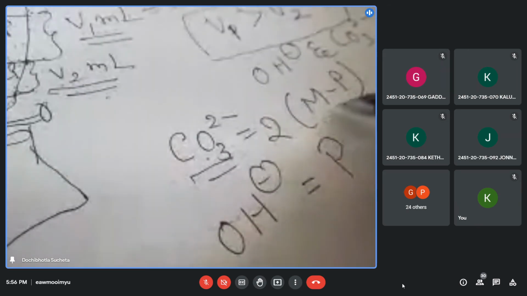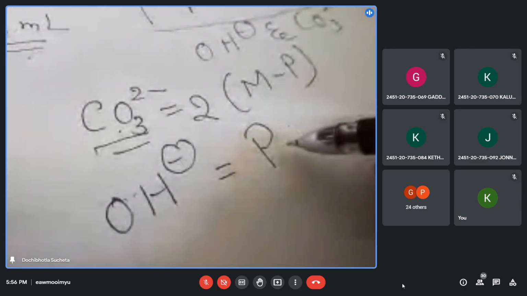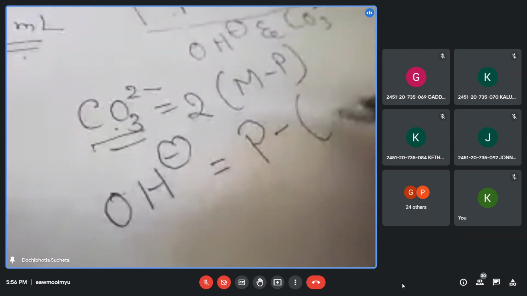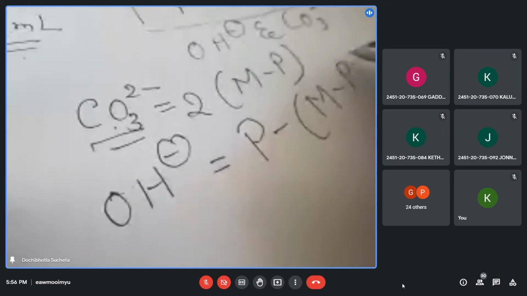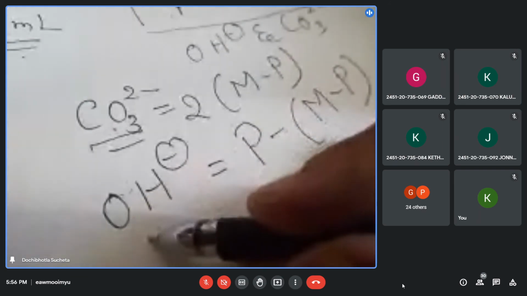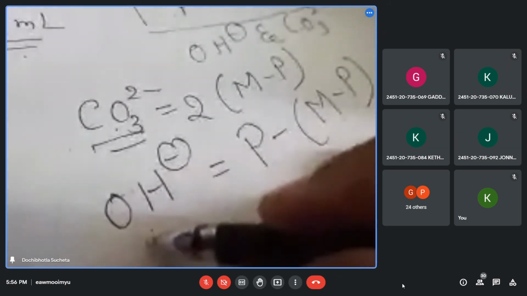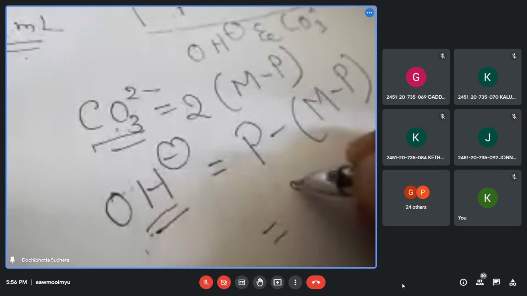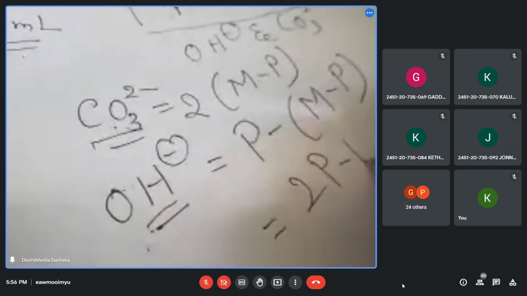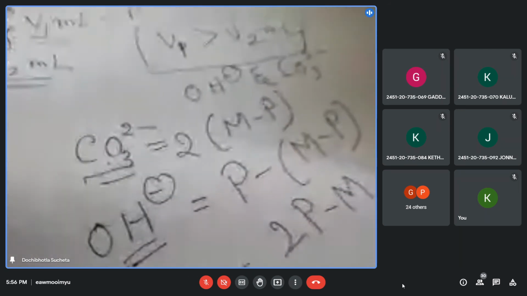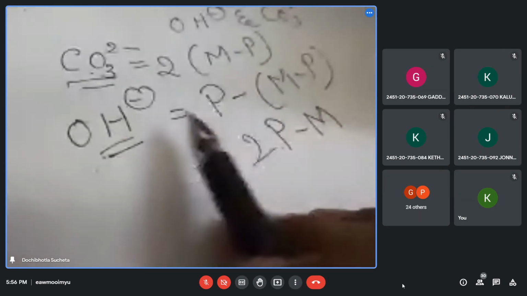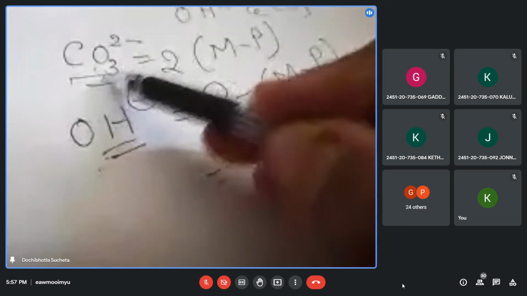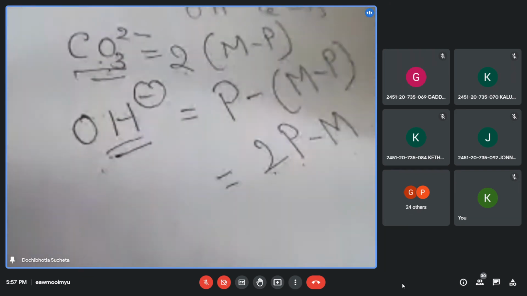Only M minus P. So can I write P minus M minus P will be the amount of HCl required for neutralization of this OH minus? That will be equal to 2P minus M. So for the complete neutralization of OH minus, I need 2P minus M amount of HCl, and for carbonate it is 2 into M minus P.